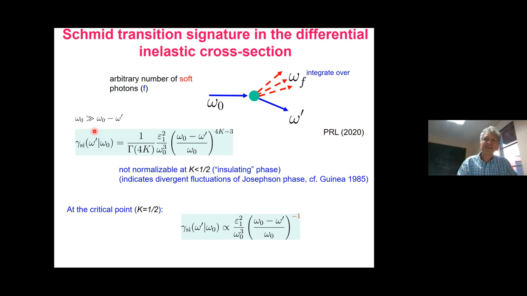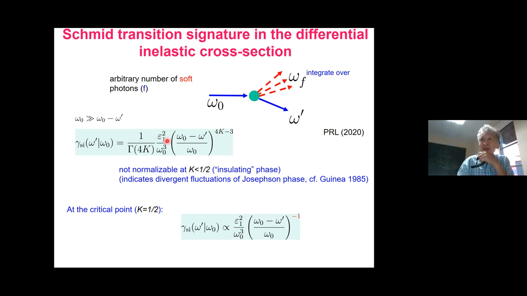So the inelastic scattering is a function of omega 0 and omega prime. Its differential cross section scales as a power law. It depends on capital K, and there are two important things, and I'm almost done. One thing is that at K less than 1/2, this cross section is not normalizable. So one has to go to small omega prime minus omega 0 and do a more careful job to regularize it.